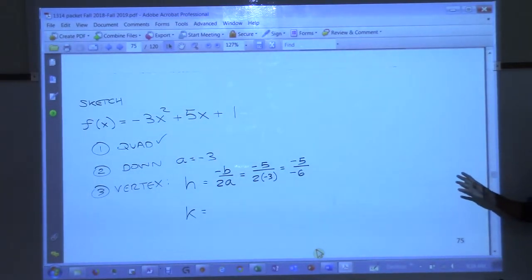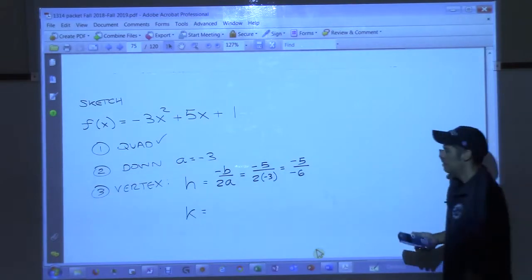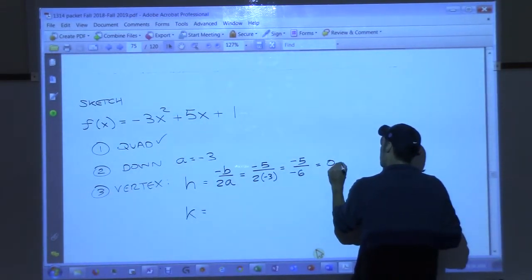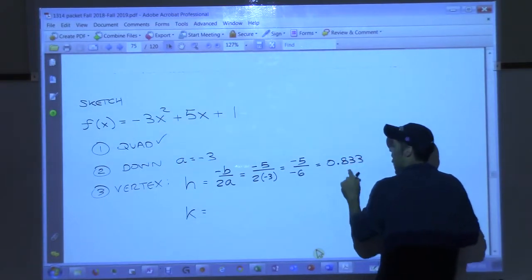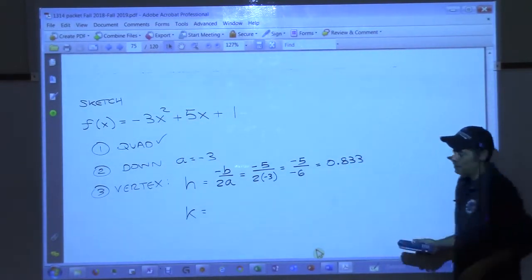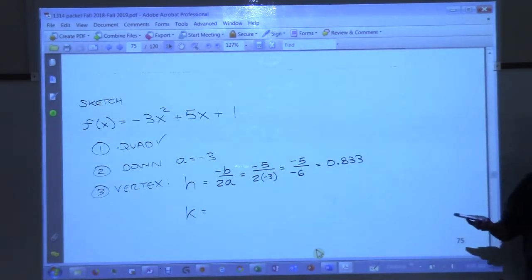That's a decimal. So you get on your calculator and you figure it out. You get your decimal. It's like 0.8333, something like that. So I'm just going to put that down here. This is 0.833, but it's positive. Make sure you have it positive, right? Because if it's wrong there, it's going to throw everything off.